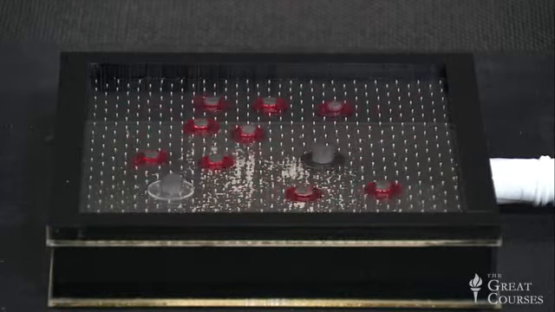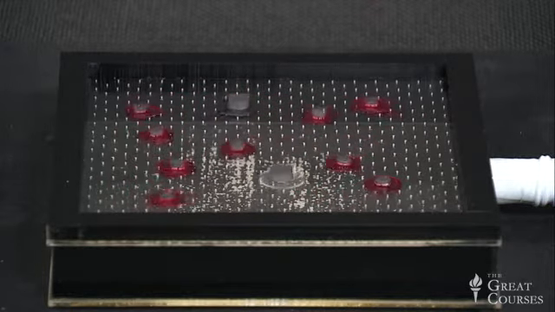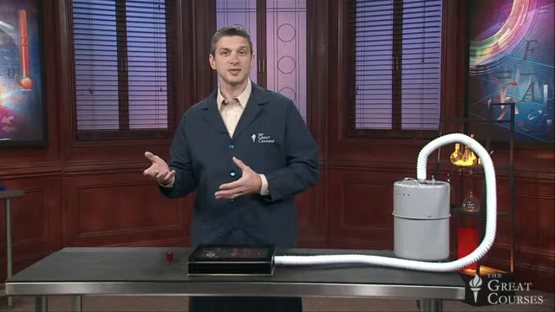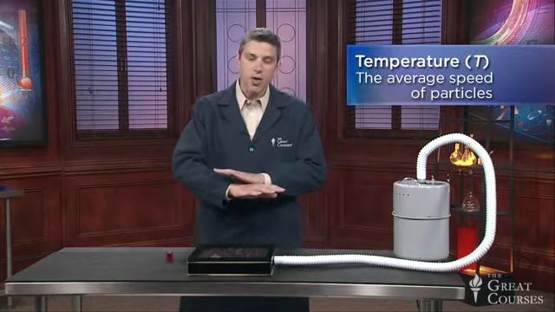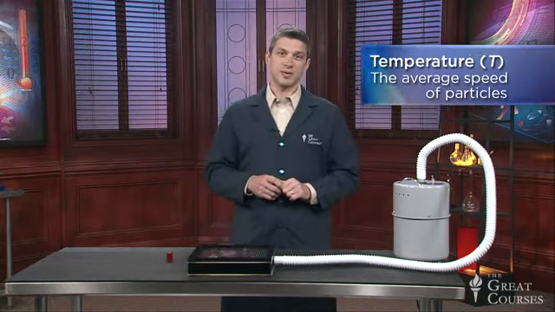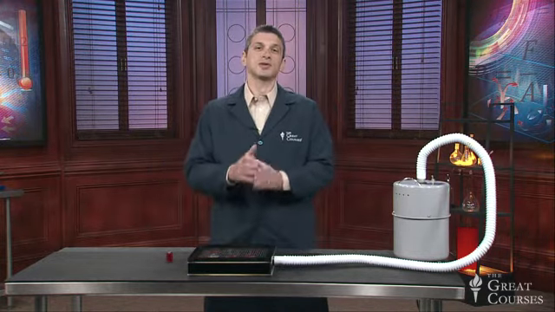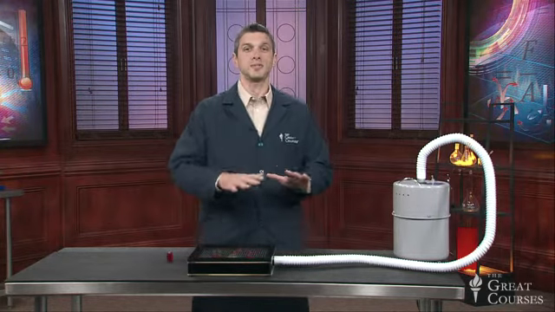So every one of these is moving at a different speed, and then the speed changes as they get bumped into by others. The temperature is only the average over all of these particles, and that is a constant for this table. If I let it go like this, the temperature is staying the same, even though the particles are changing their speeds, because temperature is only an average over all of the particles.